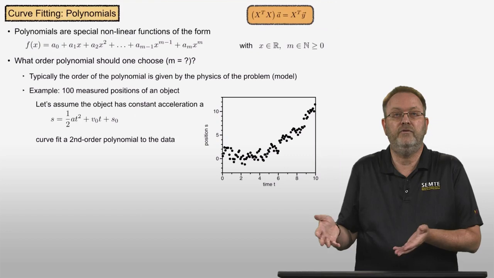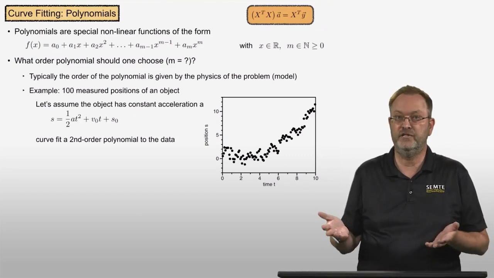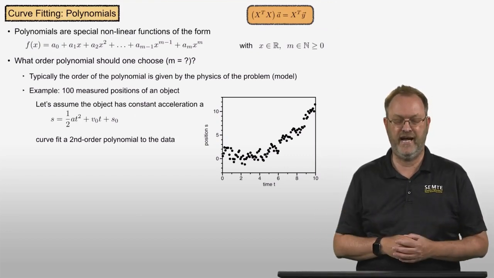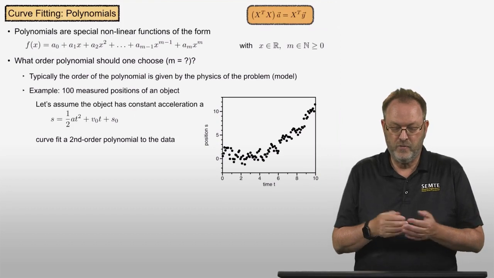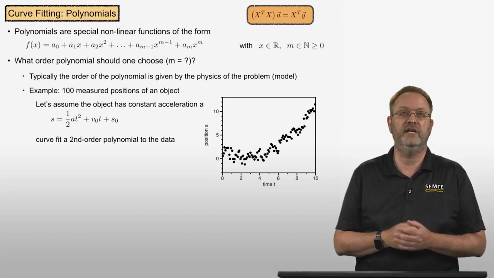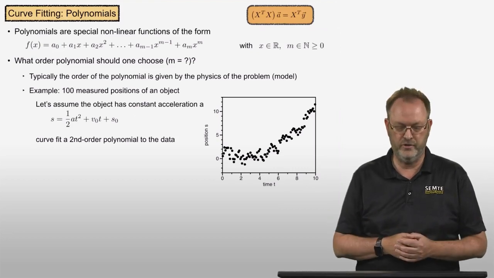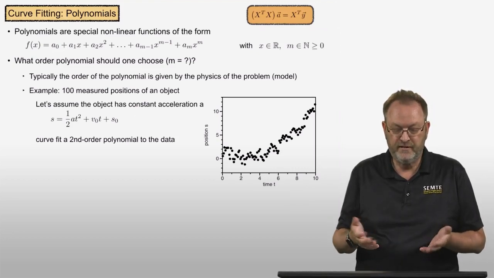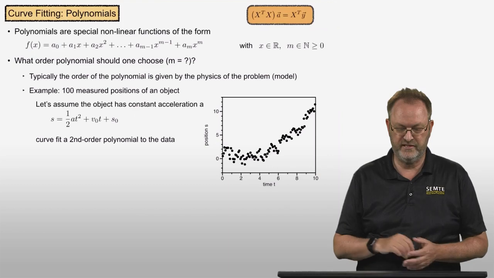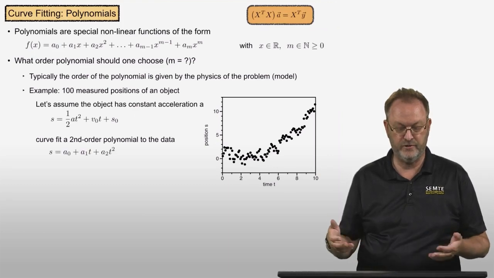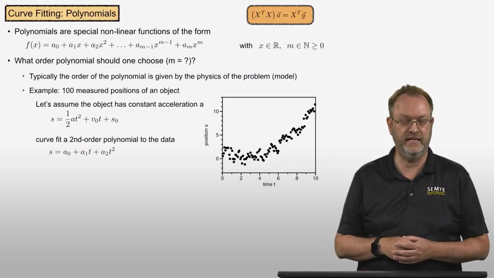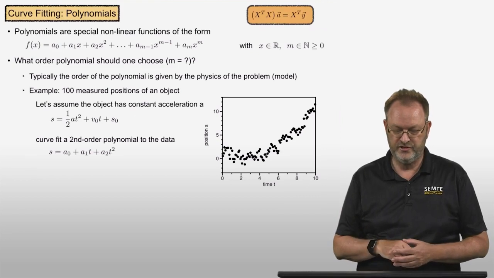So I got these 100 measured data points for the position as a function of time. And I know that my model that describes the position is a degree 2 polynomial. So let me fit a second order polynomial to this data, right? That would be s equal to a0 plus a1 t plus a2 t squared.